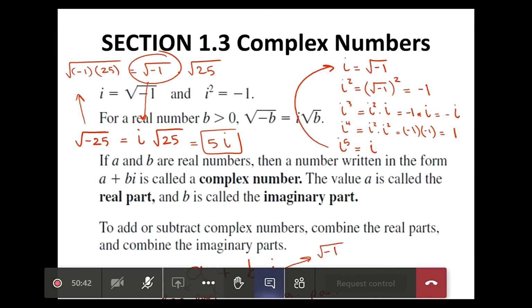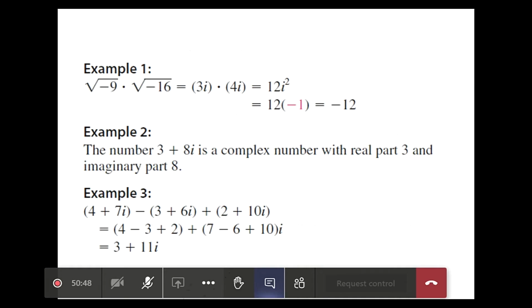Any question? Example, we need to multiply two radicals with negatives inside: radical negative 9 and radical negative 16. What's the value of radical negative 9? This equals 3i.